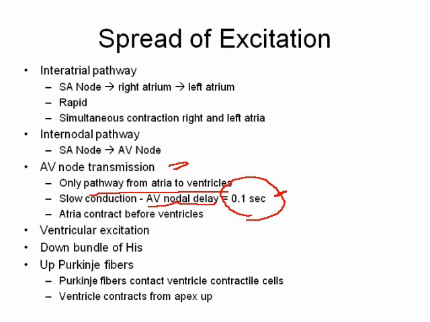Now this, and the fact that we don't have a distinct pathway up here in the atria, these two things together allow this delay that is going to allow the atria to contract before the ventricles contract. So as I said, this allows the atria to contract before the ventricles contract, pushing more blood into the ventricles.